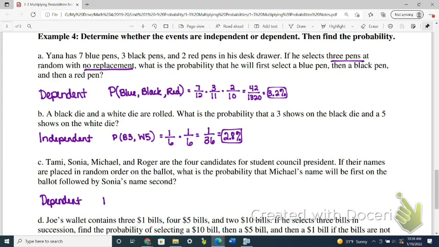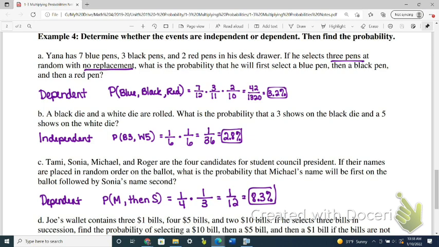So the probability of Michael, then Sonia. What's the probability of Michael being first? 1 out of 4. But now there's only 3 people to choose from. So the probability of Sonia being second is 1/3. So that's 1/12, which is 8.3%.